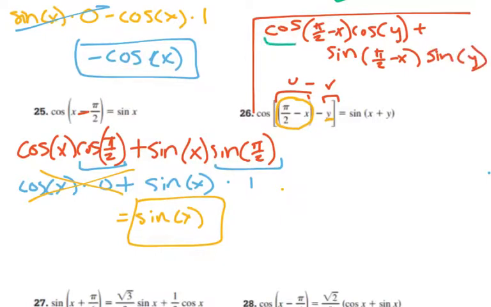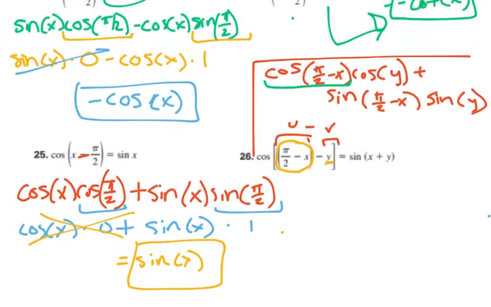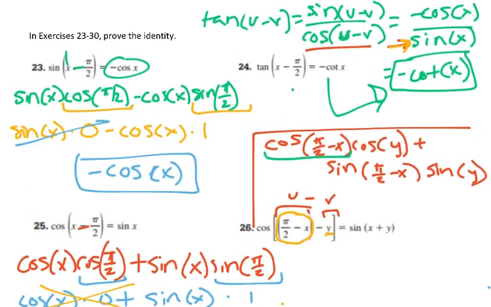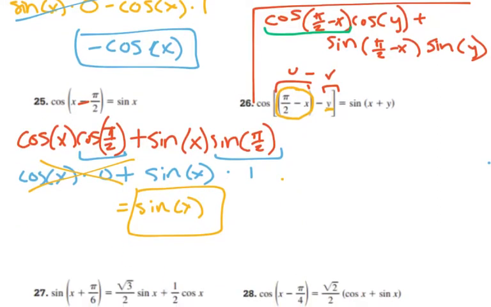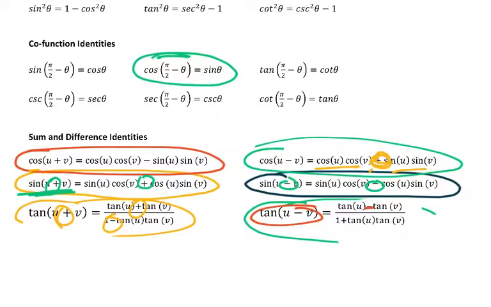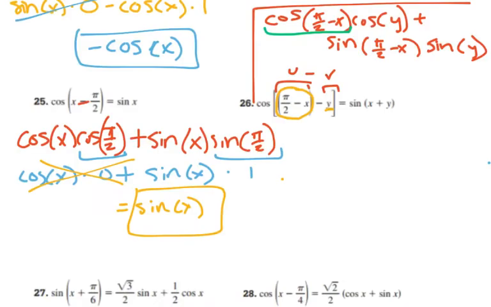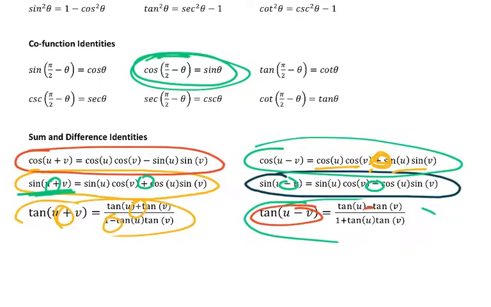And then this piece here, again, we just proved, well actually we have an identity for, so I'm going to do it that way. Cosine of pi over 2 minus x is sine. And then sine of pi over 2 minus x is cosine.